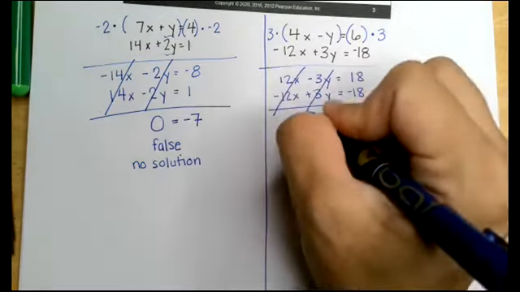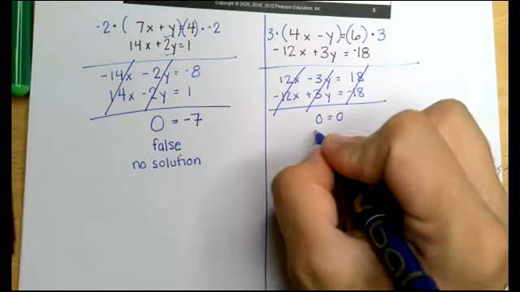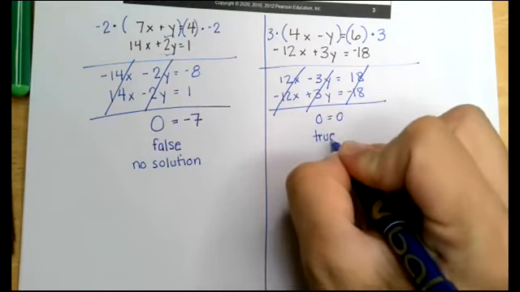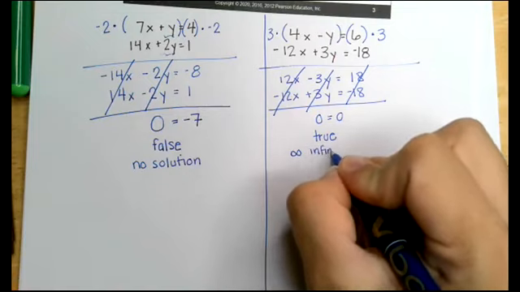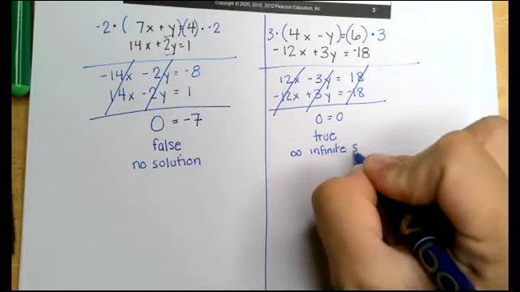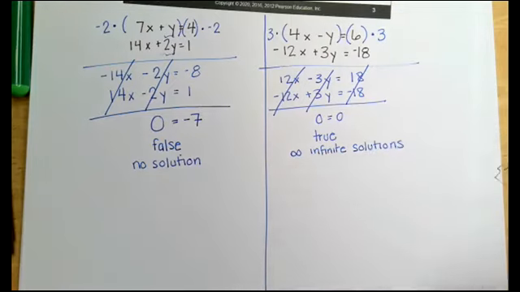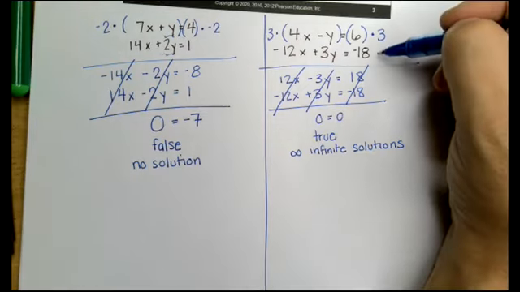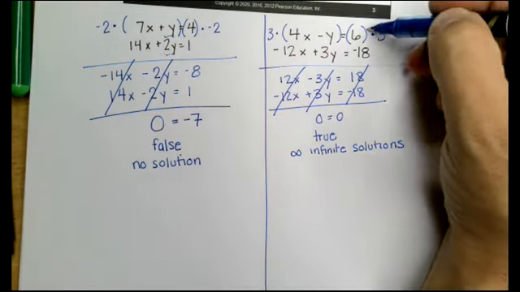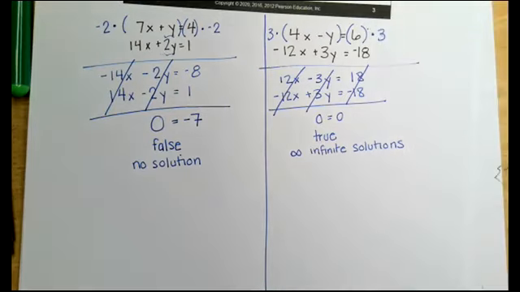Those cancel, those cancel, those cancel. 0 is 0. This is true. So this has infinite solutions. Basically, all we did was reduce this by dividing by 3, right? Well, we'd have to divide by -3, but we would get that.